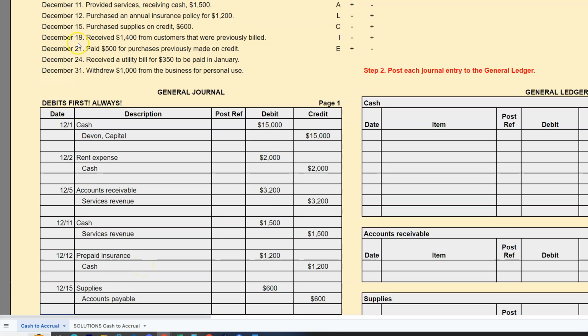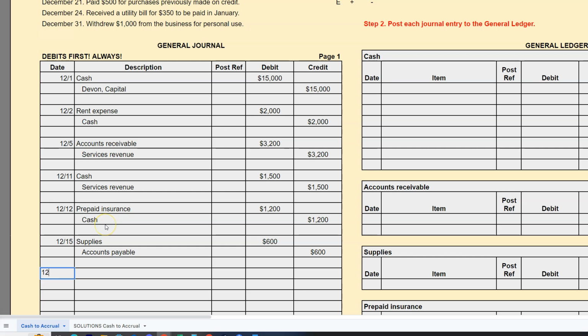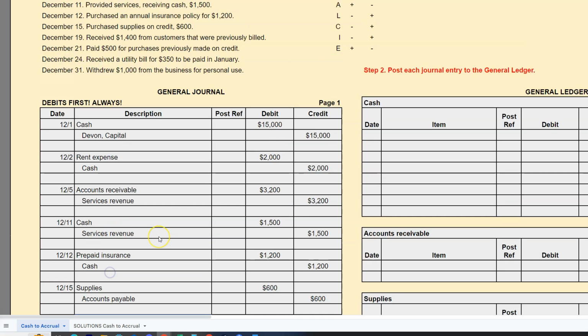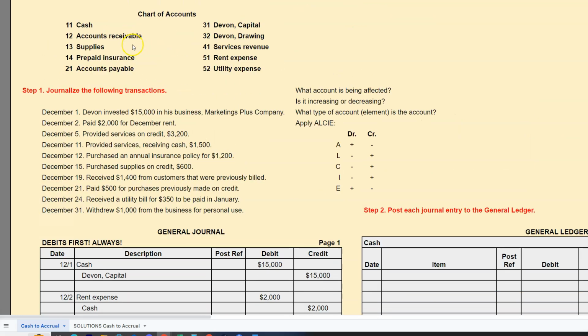All right, let's look at December 19th. Received $1,400 from customers that were previously billed. All right, so received $1,400. We received money, so that would be cash. Let's just kind of stop there, right? So we received cash.